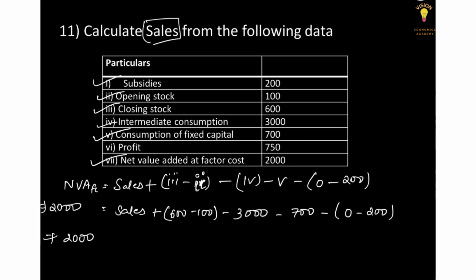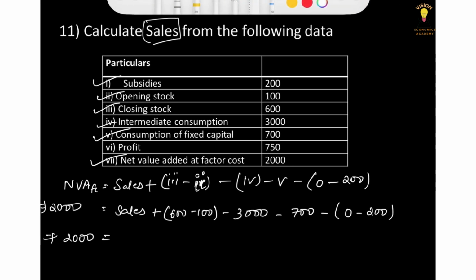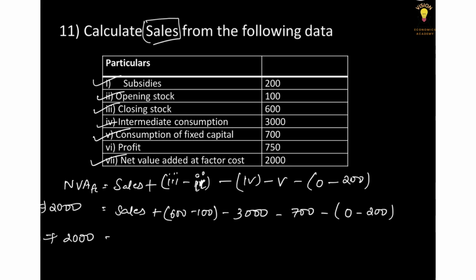Will give us 2000 equals to, or let's get all the numbers this side, 2000 minus 500, 600 minus 100 plus 3000 plus 700 minus 200.